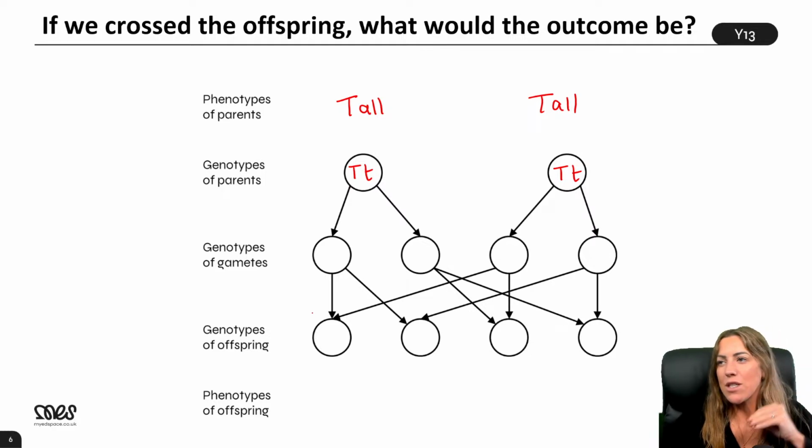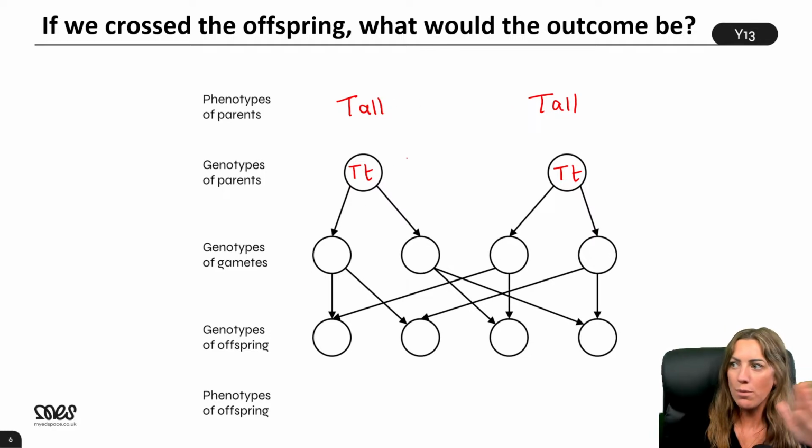Anyway, we're taking two of the offspring. The offspring were tall, but they were both heterozygous this time. So each of those parents can make two different types of gamete. Half of the gametes will contain the dominant allele, and half of the gametes will contain the recessive allele. Then I do my little weird way.